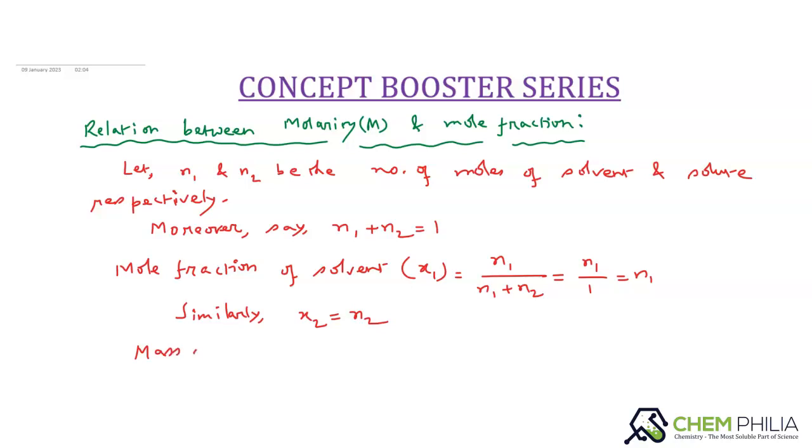So mass of solvent is equal to its number of moles, that is N1, into its molecular weight, that is M1. So here remember, M1 is the molecular weight of solvent.